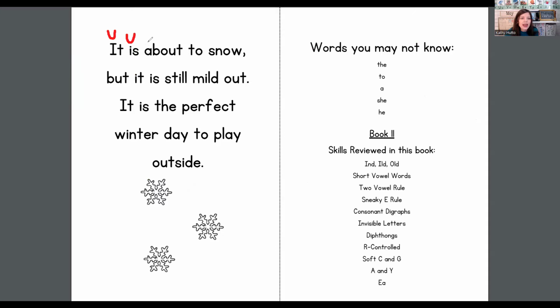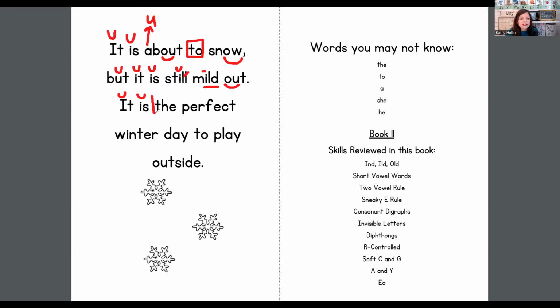It is, that A is making a sound like a U. Out, about, to, snow. But it is still a wild old word, mild, out.